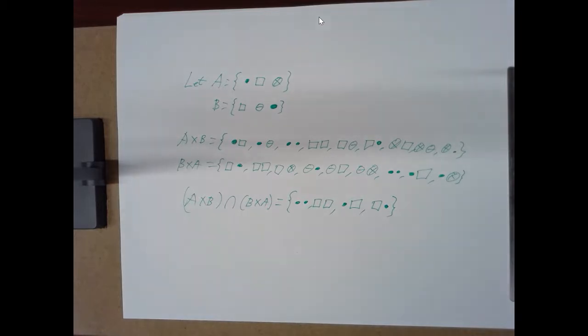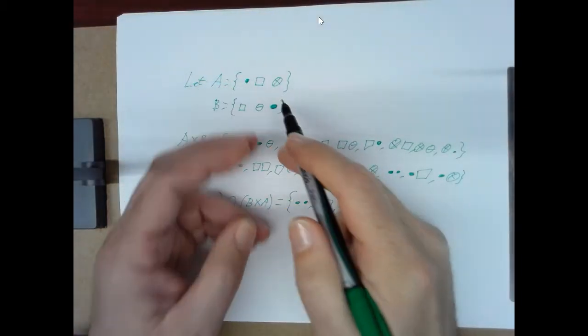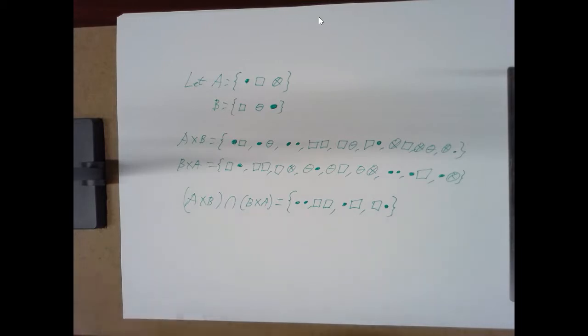So it asks you to guess a general rule for the intersection of this pair of cross products. Any guesses? They have to do with what A and B have in common, because if A has one set of symbols and B has another set of symbols, their cross products are going to be completely disjoint, right?